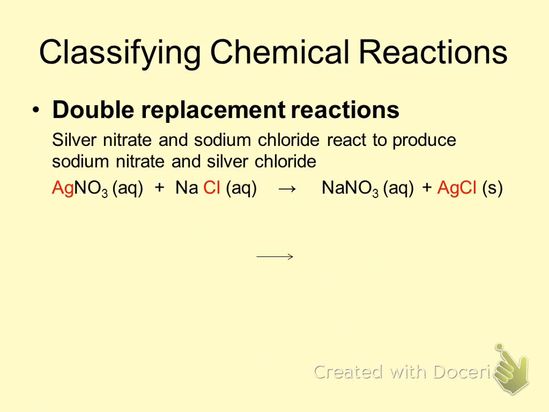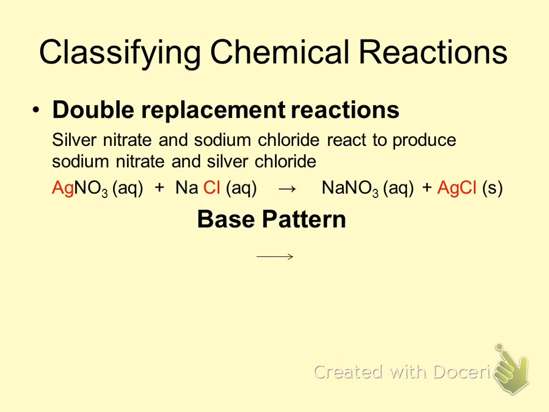Looking at our example here, you see that the silver from the silver nitrate and the chlorine from the sodium chloride come together to form a compound called silver chloride. This is insoluble, and remember we talked about this the other day when we talked about the properties in forming a precipitate. Insoluble means it does not dissolve.